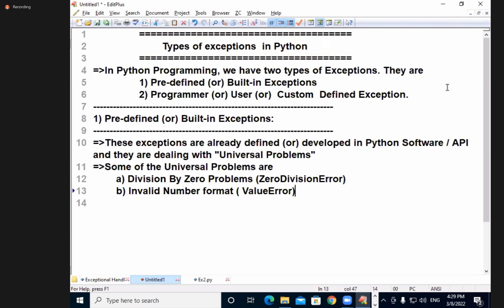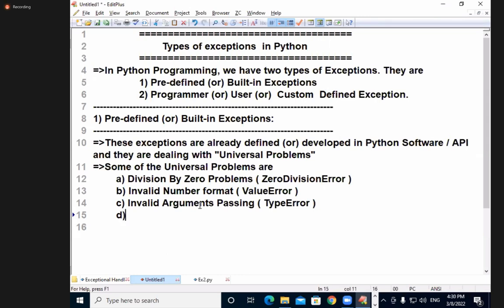Next, invalid number of arguments, invalid arguments passing to the function, invalid argument specification. Which type of error? Type error.